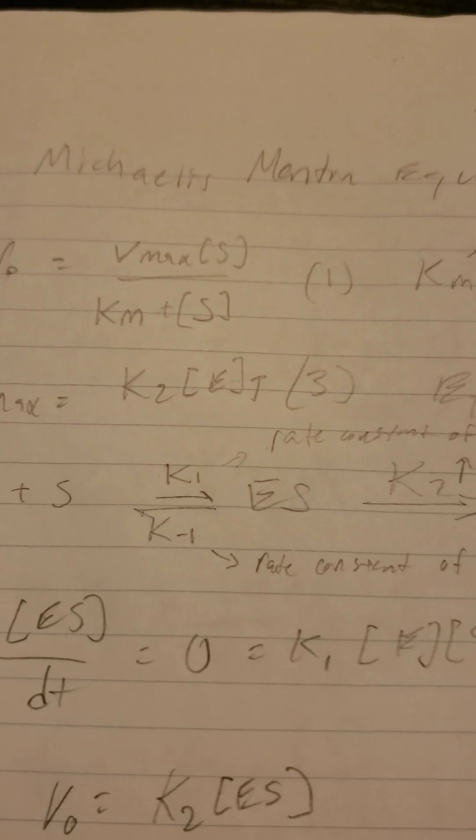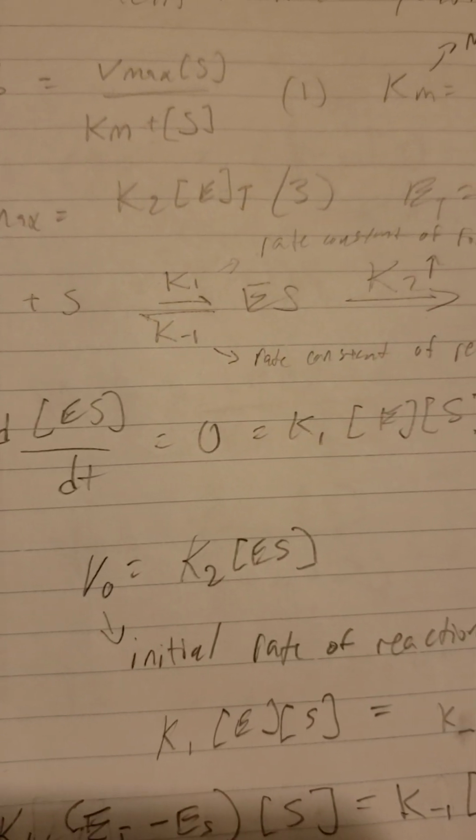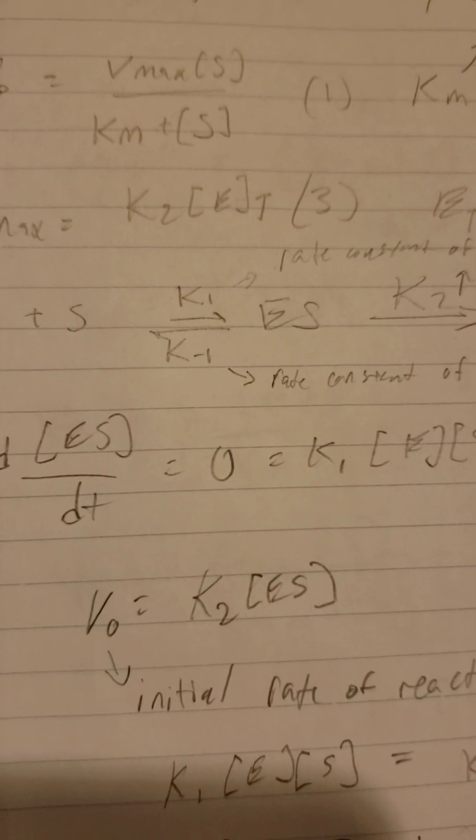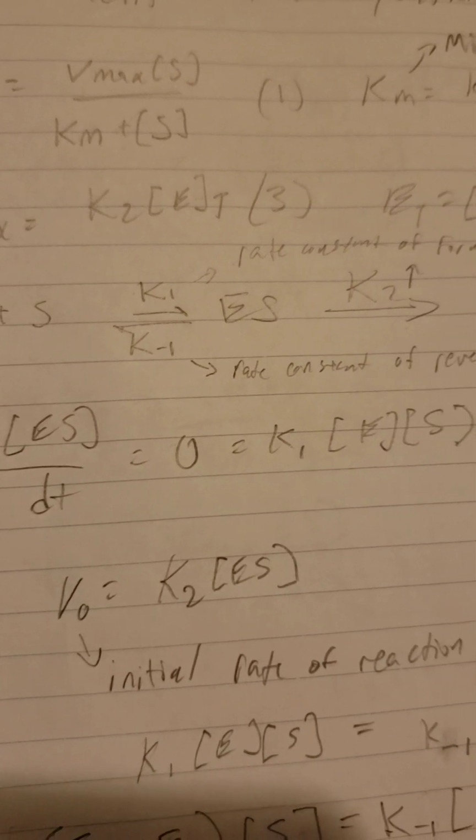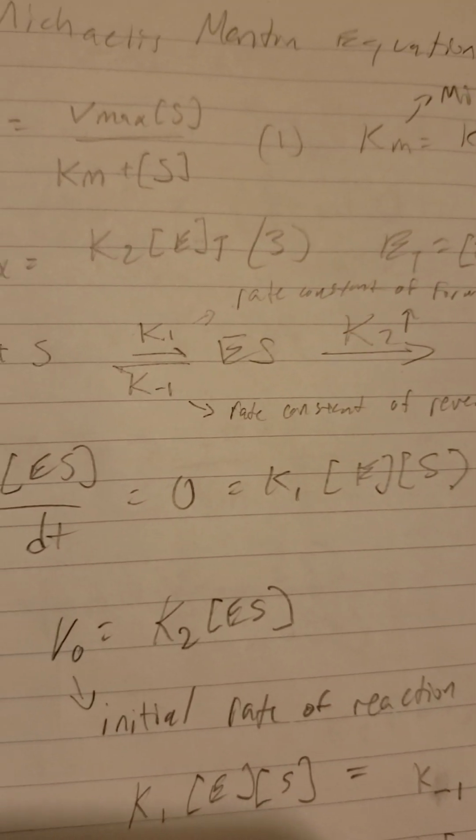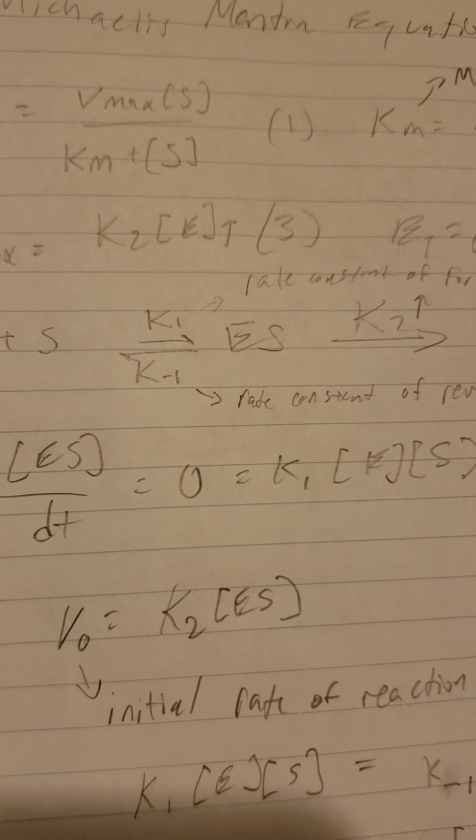Again, all of that would equal 0. Just to re-clarify, we have V0 standing for the initial rate of the reaction, equal to K2 times ES.